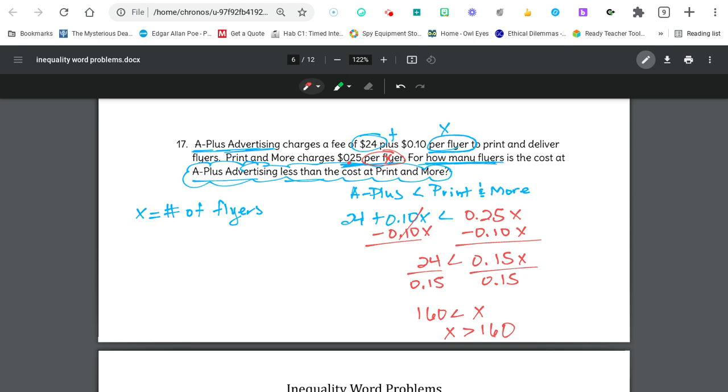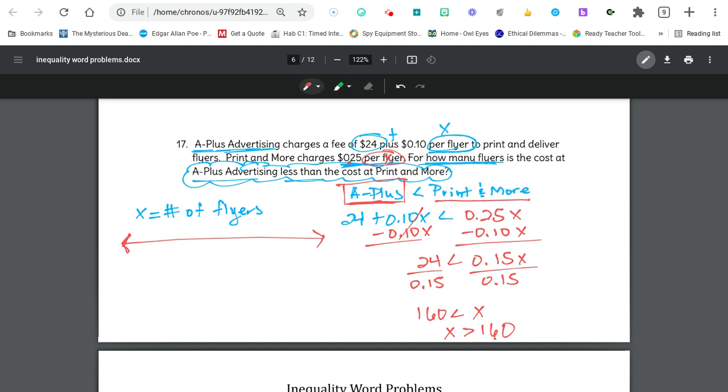Anything greater than 160 flyers. You can't do a piece of a flyer, so the smallest amount of flyers would be 161. Anything greater than 160 flyers. So if you purchase more than 160 flyers, the cost with A plus is going to be less than the cost for Printing More.